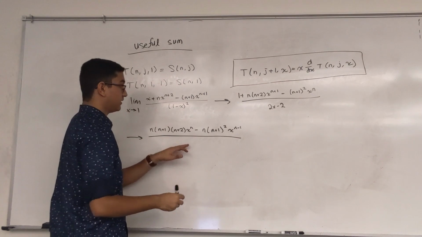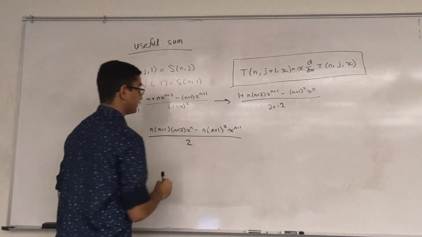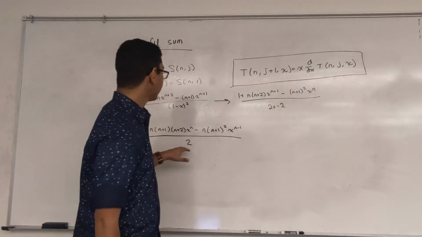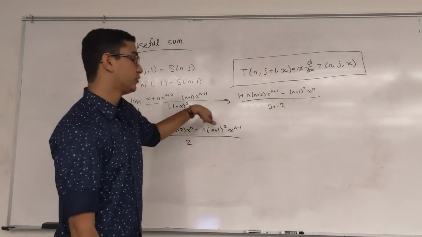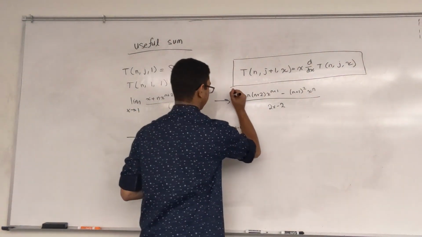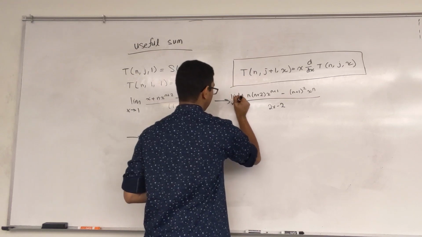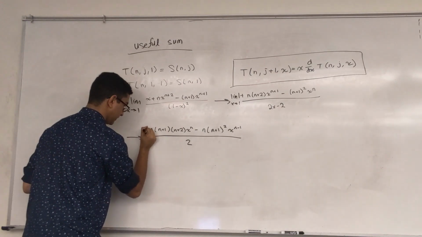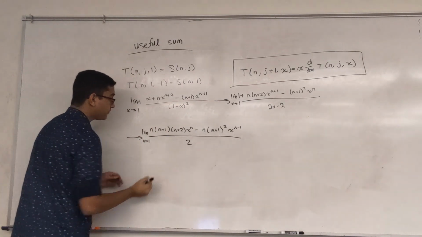Now the derivative of that is simply going to be 2. I forgot to write my limit notation here, but that's the limit as x approaches 1, and this is the limit as x approaches 1 as well.